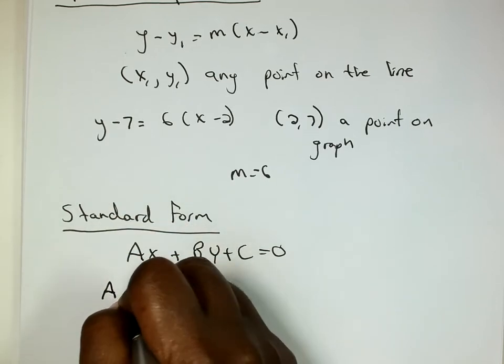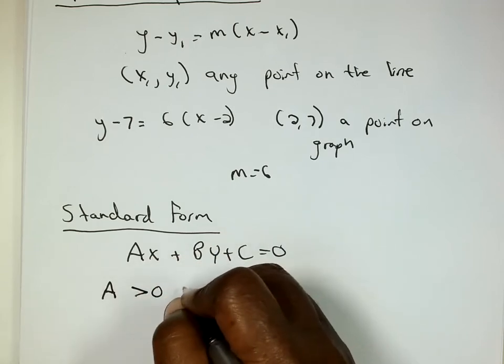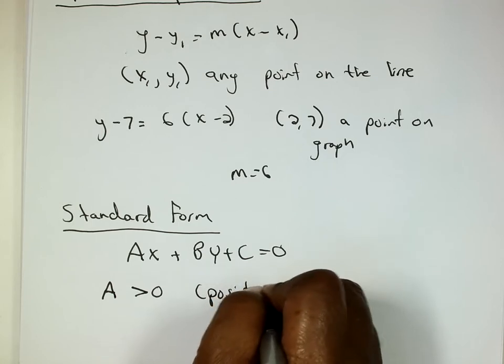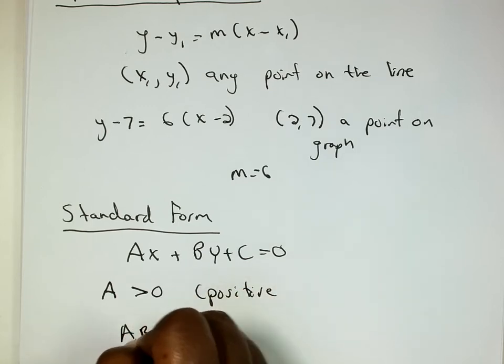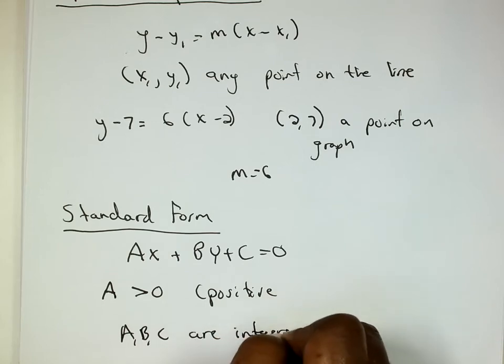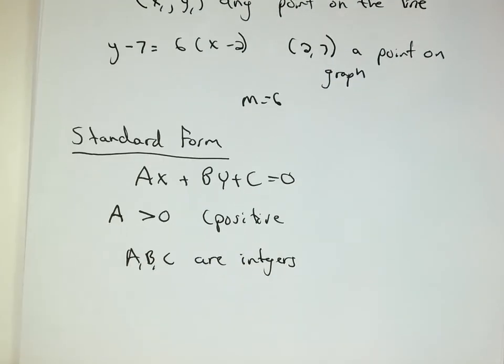A has to be positive, so a is greater than 0. And a, b, and c are integers. So if there's any fractions, you have to multiply through to clear it out to make sure that a, b, and c are integers when you write it in standard form.